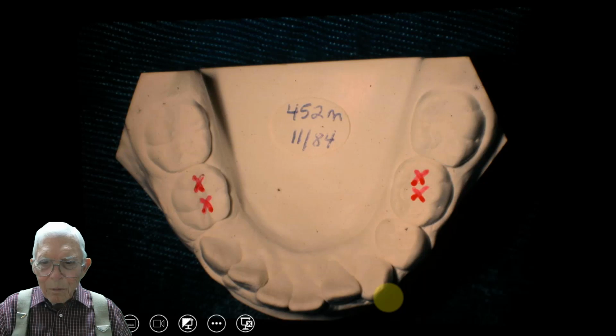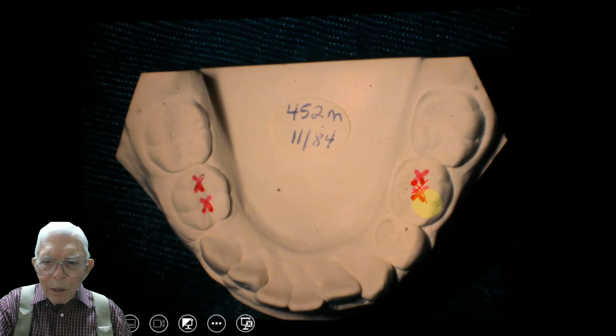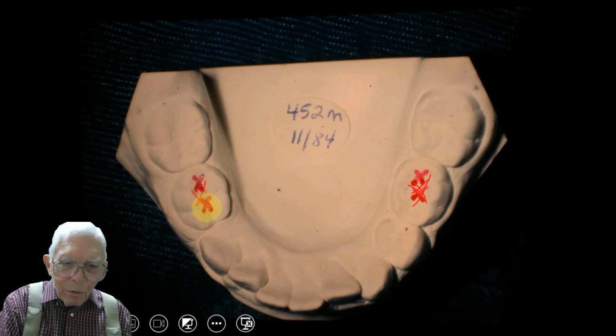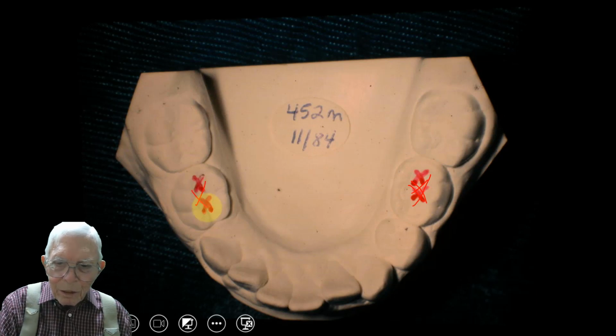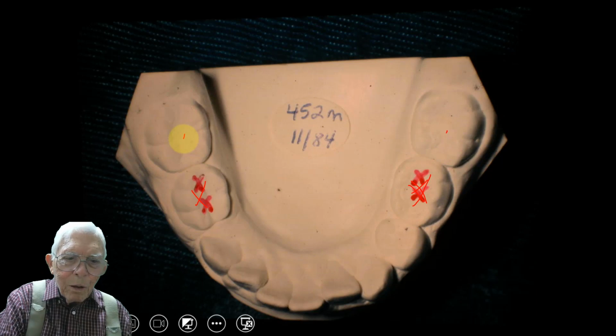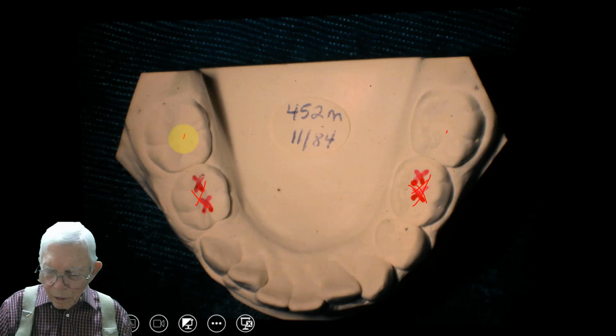This is the lower arch of this young lady, and we're planning to go in and take out the deciduous second molars. Actually, this is the first molar. You've got your deciduous cuspids, and this is the second deciduous molar back there.